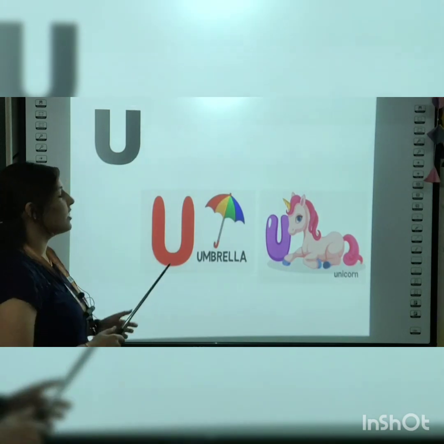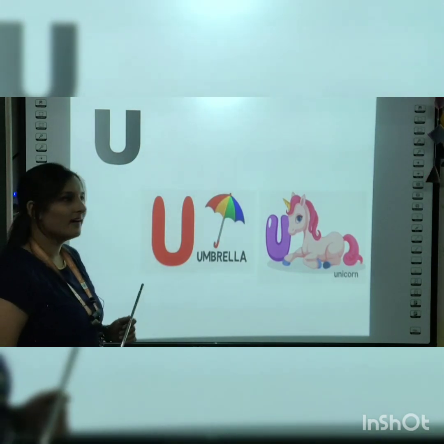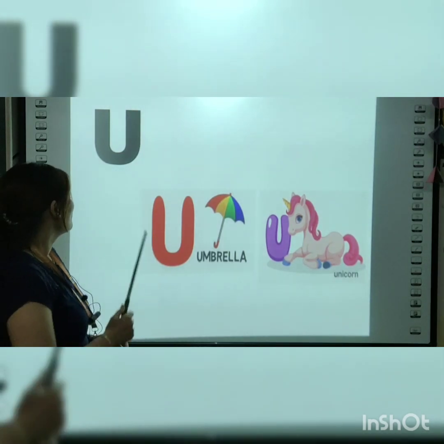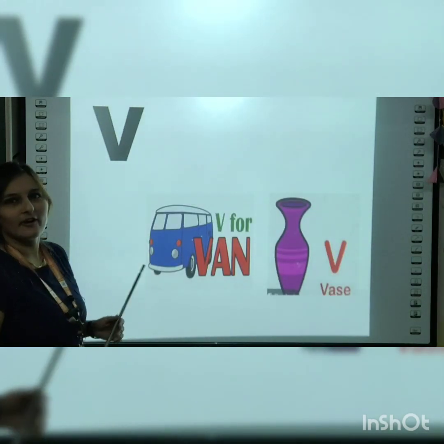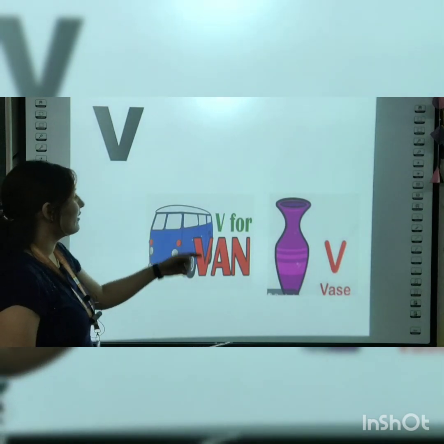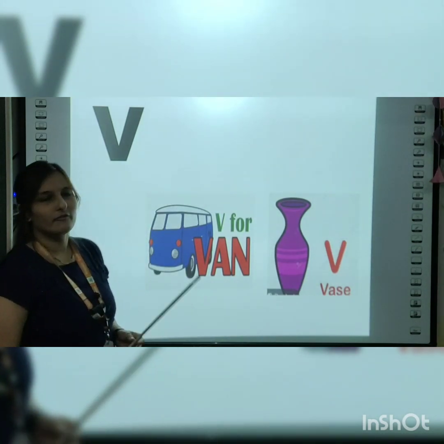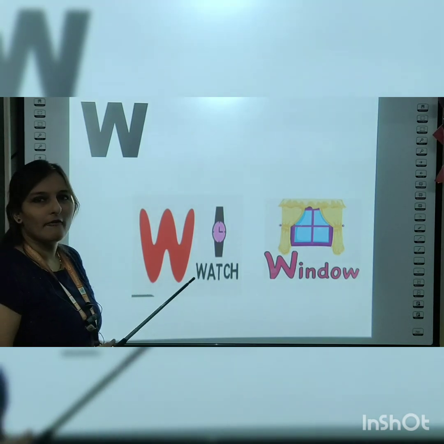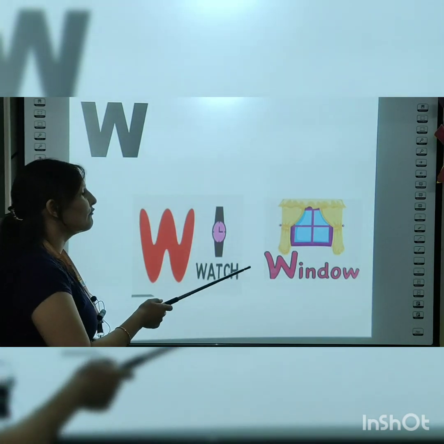Next, U for umbrella, U for unicorn, V for van, V for vase, W for watch, W for window.